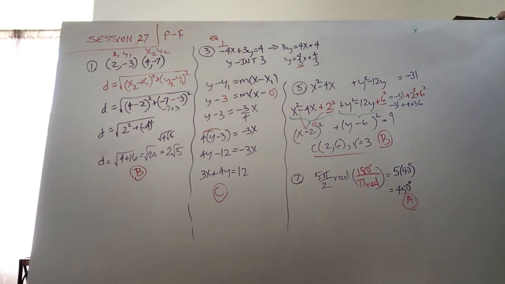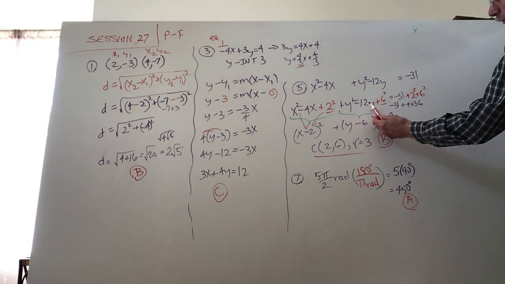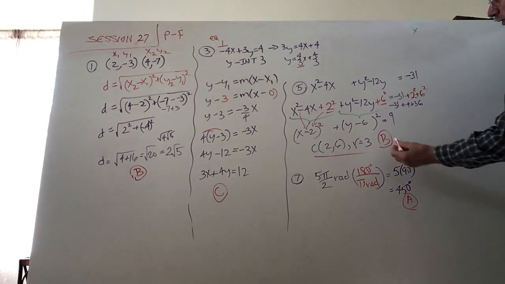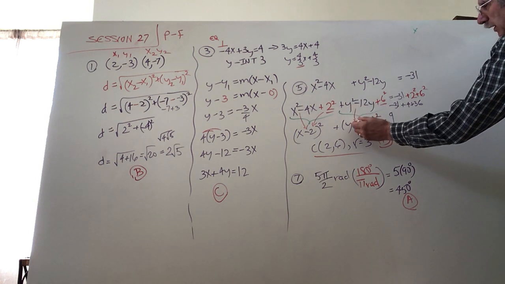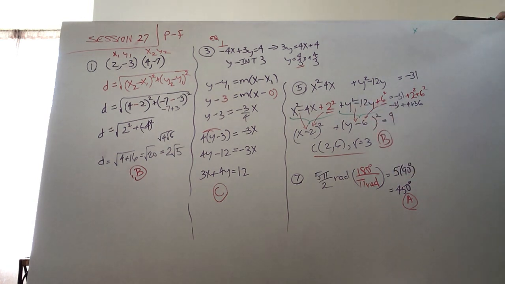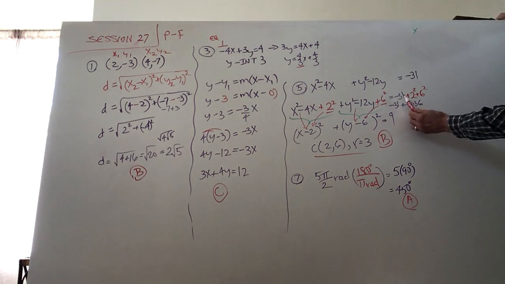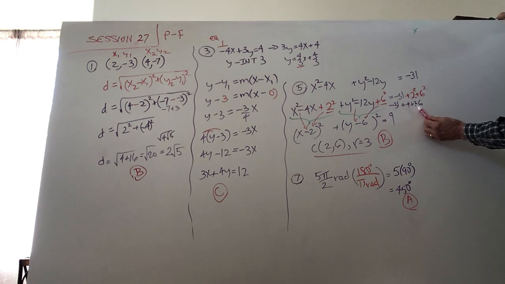So it's x minus 2 squared, and the same thing with the y squared minus 12y plus 36 here. It's the minus sign here and the 6 there. So it's y minus 6 quantity squared equals 9. The 9 came from the negative 31, and the 2 squared and 6 squared: 2 squared 4 and 6 squared 36, 40. 40 minus 31 is 9.